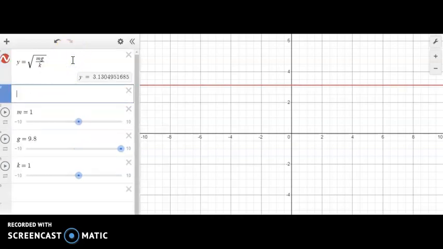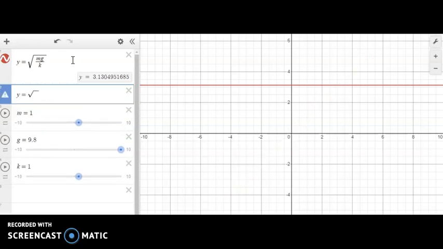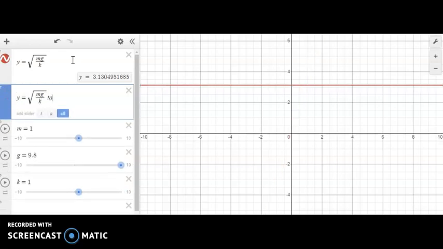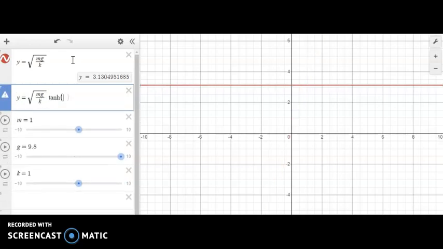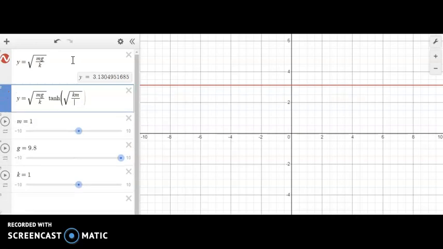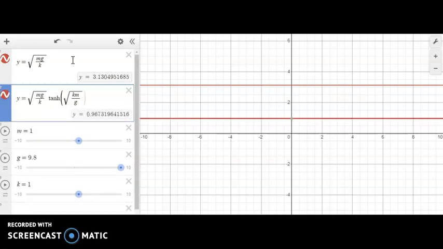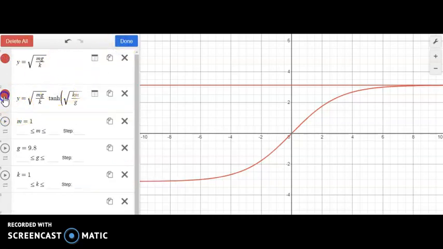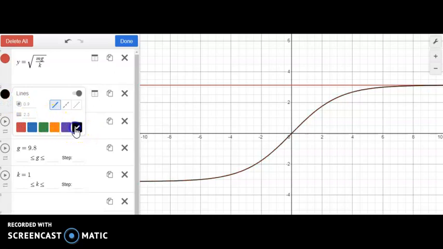Then the solution was y equal to the square root of mg over k times tanh of the square root of km over g times x. Let's give some other color to this trajectory, let's say this one.